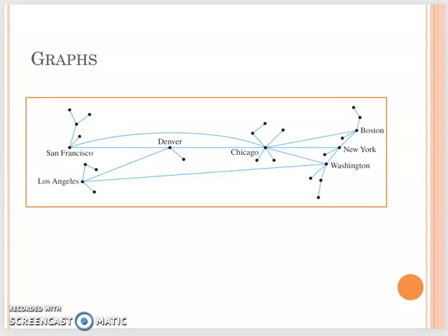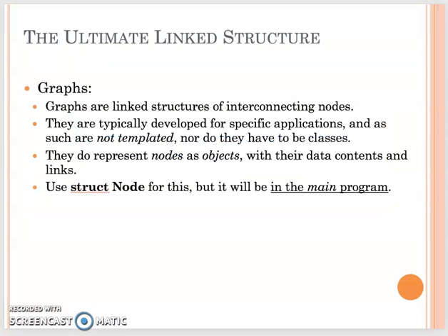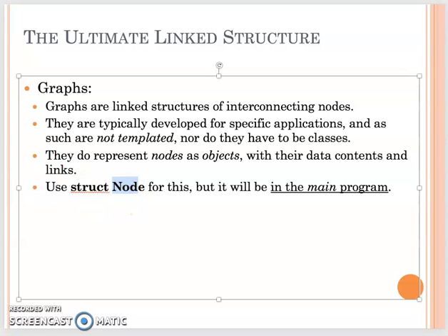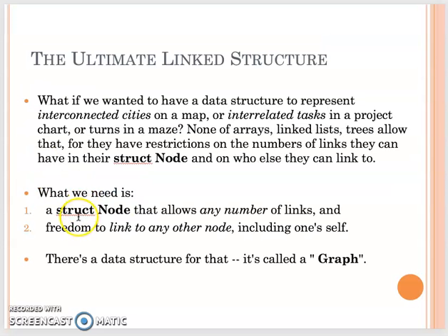So that's why here we will see what data attributes we need in the node struct. So when we have our node struct, it is allowed to have a number of links to connect to other nodes. So then they have the freedom to link to any other node if they have.